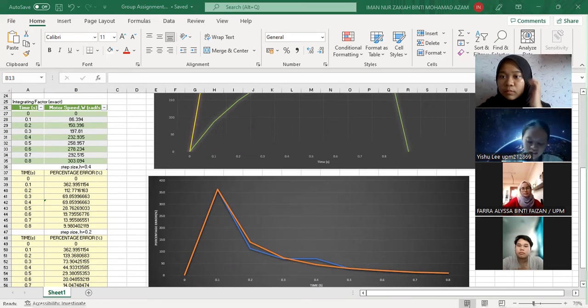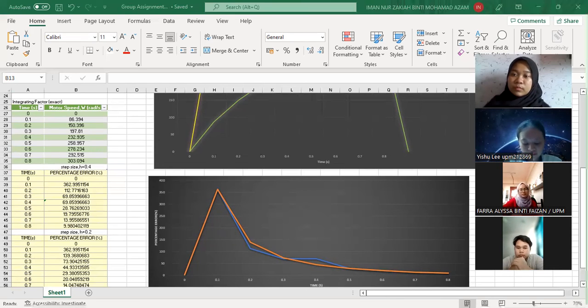However, the disadvantage of this method is that it is less accurate and numerically unstable because this method is only first order convergence. For this method, the approximation error is proportional to the step size h. So a good approximation is obtained with a very small h. It means that the smaller the h, the more accurate the data shown.